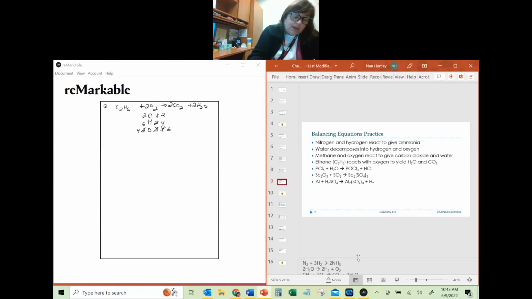I can then change this to 3. That gives me 6. So 2 carbons, 2 carbons, 2 carbons, 2 carbons. I have 6 hydrogen. I have 2, 4 hydrogen. Oh, that did not work because I'm still messed up with my hydrogen.